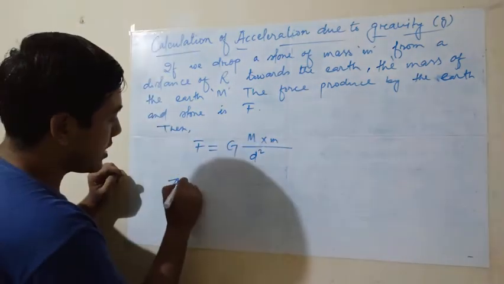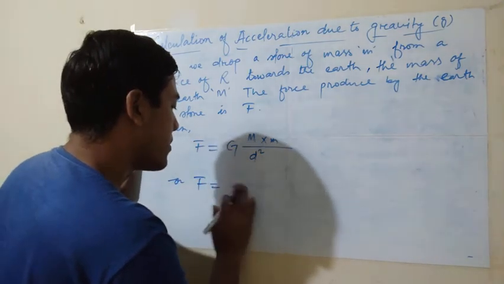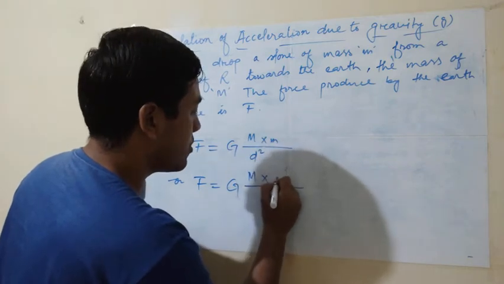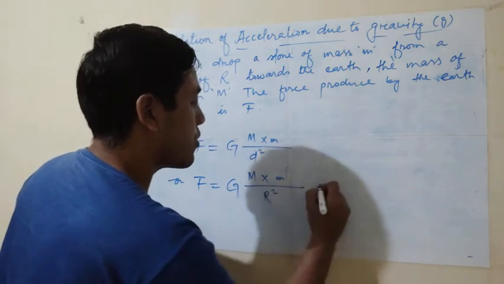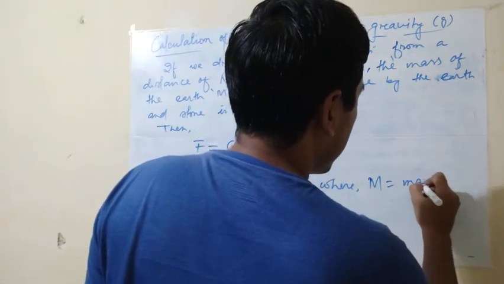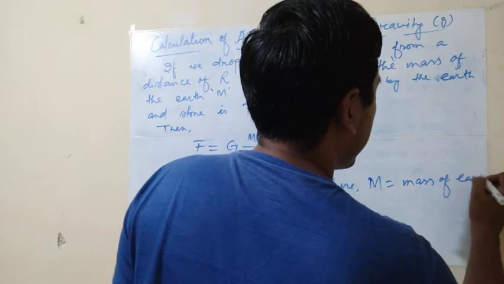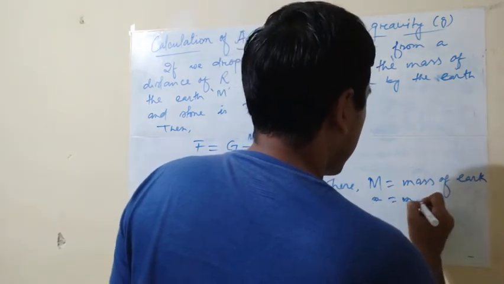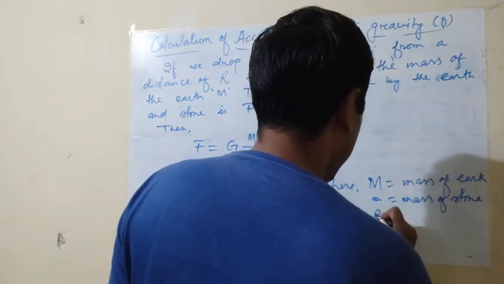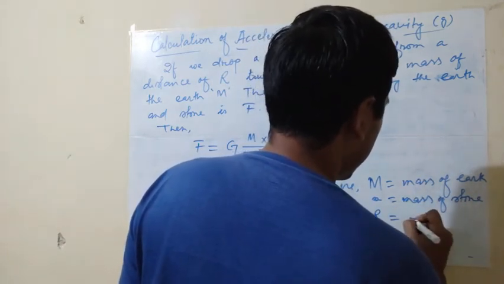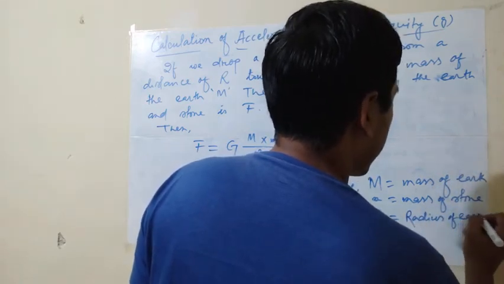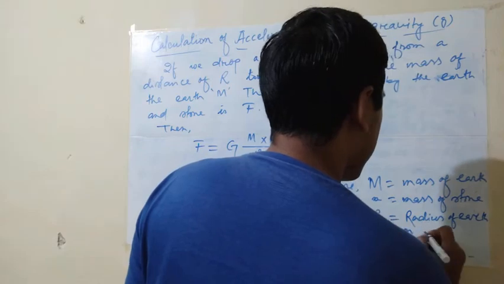Then we put F is equal to G, mass of the earth into m, by R square, where M is the mass of earth, m is the mass of stone, and R is the radius of earth or distance.